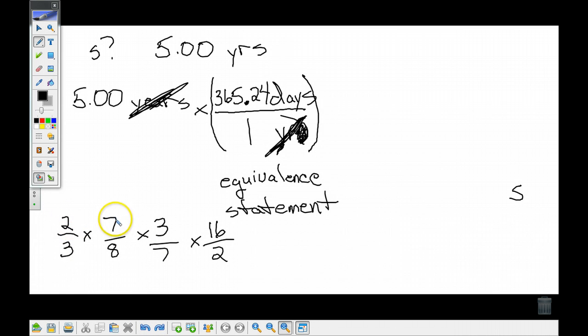You could take 2 times 7 times 3 times 16 and get a number, divide it by 3, divide it by 8, divide it by 7, divide it by 2, and you'd get the answer. You could also take your calculator and do all that, and you're going to get the answer.